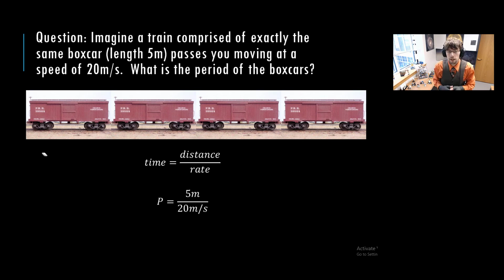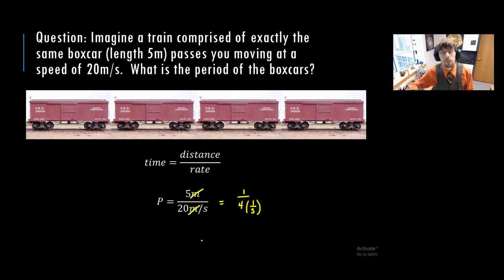So we'll plug in our stuff. I'll use P for period, and we know it has to travel 5 meters in order to repeat. It's traveling 20 meters per second. Oh, goody. Notice that there's a meter in the numerator. There's a meter in the denominator. So I basically have, I'll write this as a compound fraction, 1 over 4, 1 over seconds.